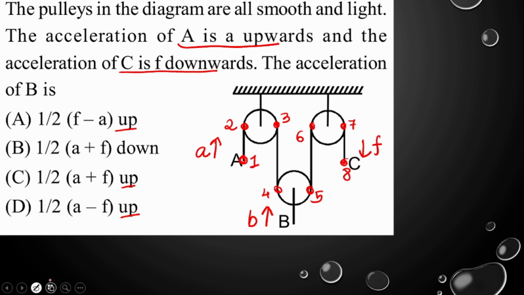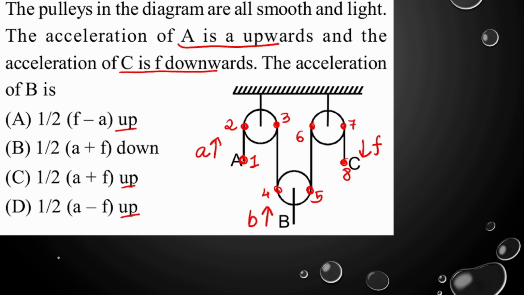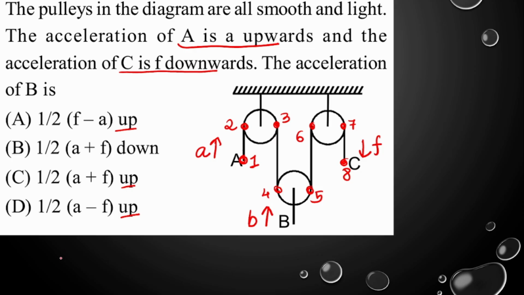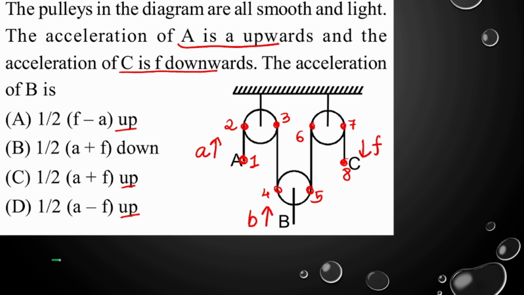Like that. So applying the point method, can I write acceleration of point 1 as minus A? Why minus A? Because point A is reducing the length.